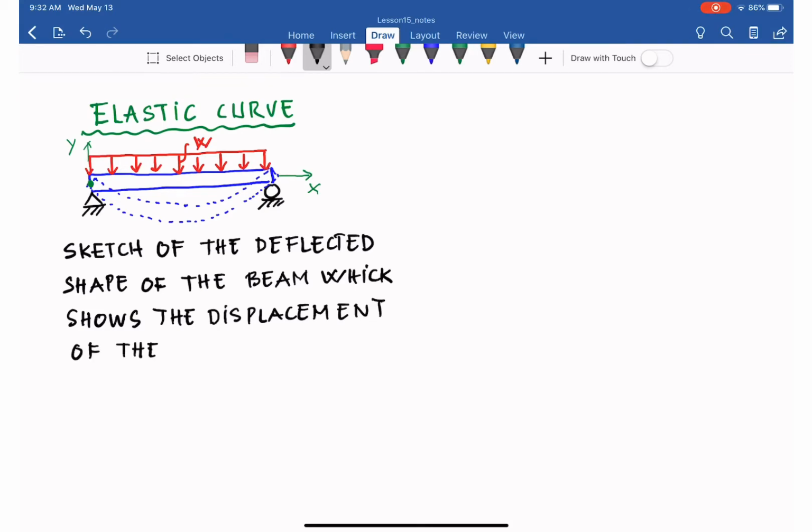And that is the definition of the elastic curve. If we relieve the load, then because it's elastic, the beam will return to the original shape. The way it deflects and the associated elastic curve will depend on the support condition, pins, fixed support, etc. So let's put it out.